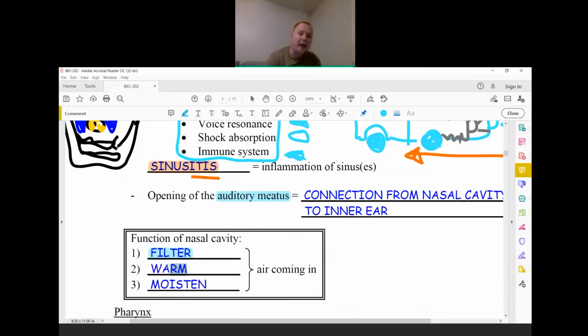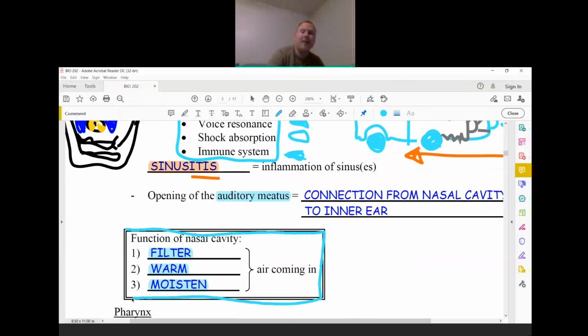It also helps with heating up the air. There are a lot of blood vessels coming here, and it's not as thick as skin, so the air is able to pick up a lot of warmth from the mucous membrane before it enters further down the respiratory tract. And finally, it is also able to humidify the air before it enters further into the respiratory tract.